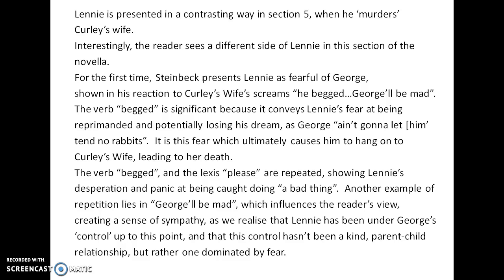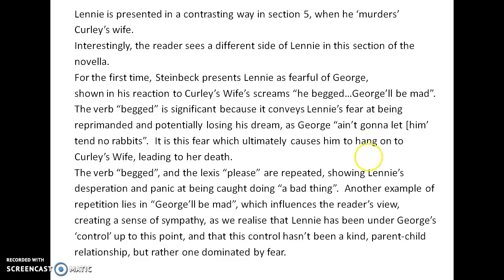What we can see that I've done here is that I've peppered my answer with lots of little embedded quotations. I've got 6 embedded quotations in this one paragraph, okay? And what I'm doing there is I'm showing a really academic writing style. I'm not just saying 'this quote shows', I'm trying to do it in a more grown-up and intelligent way there.